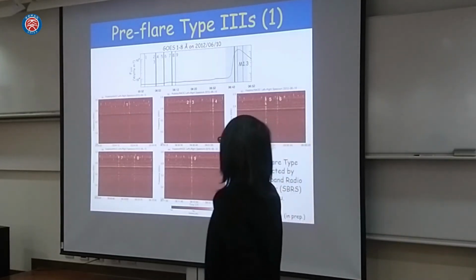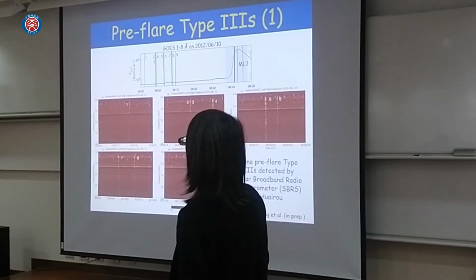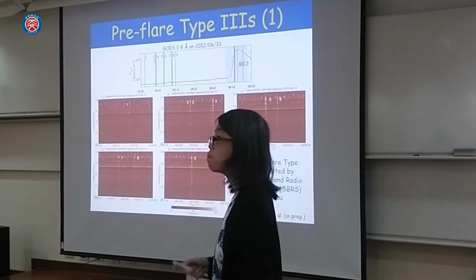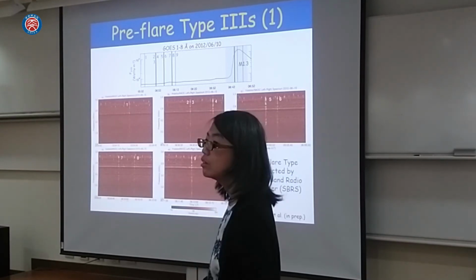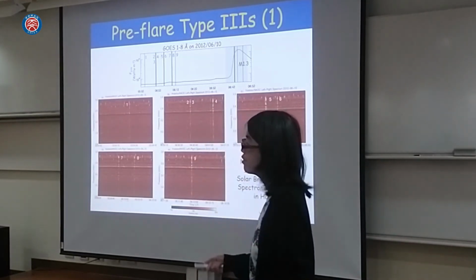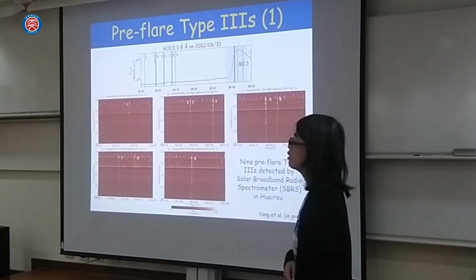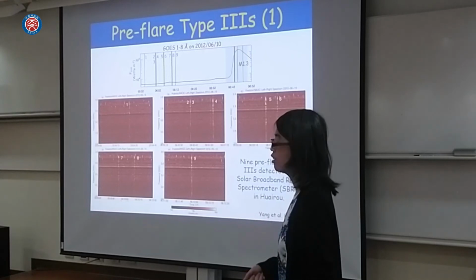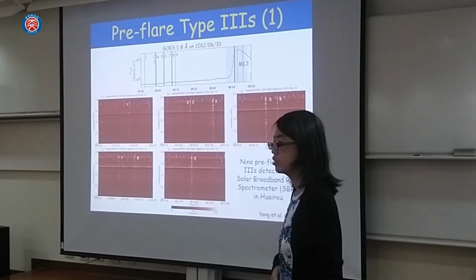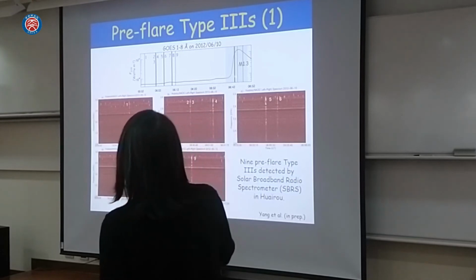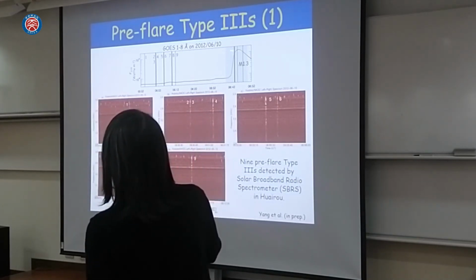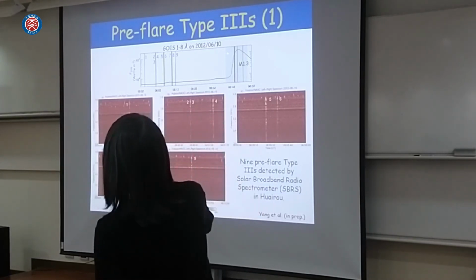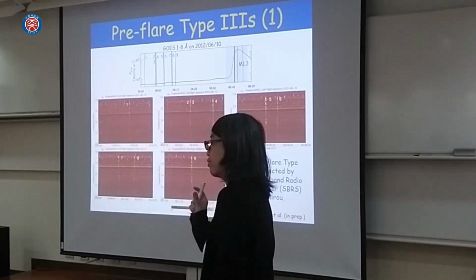Okay, so for this study we focus on the type 3 radio burst before the flare, because we want to look for any signature of flare occurrence. So we just focus on the pre-flare type 3. Here the gray one indicates the flare period.